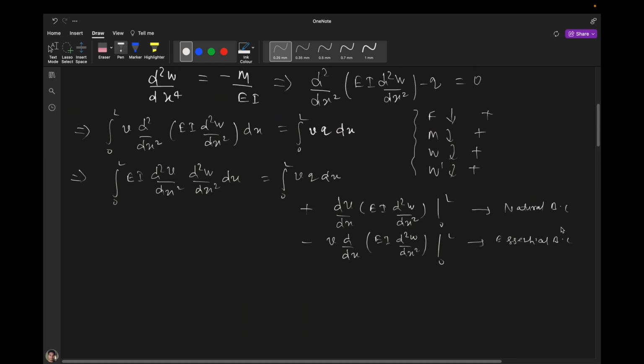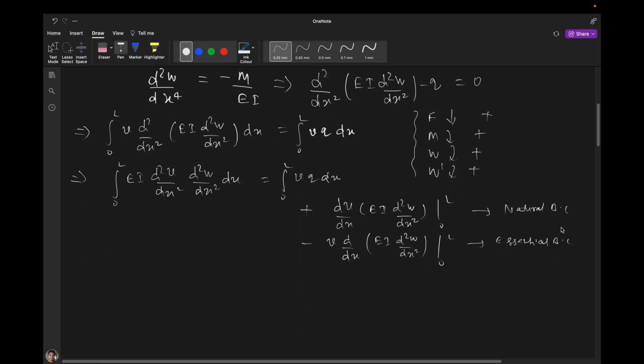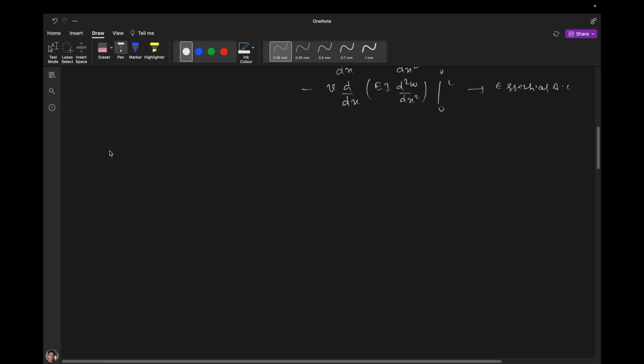Okay, so for each node, if I see for the beam problem, suppose this is an arbitrary element. So this is the displacement.